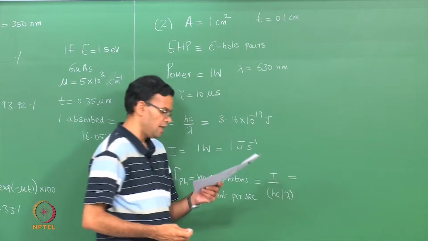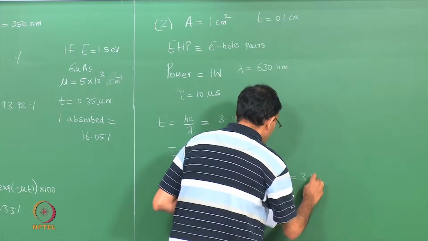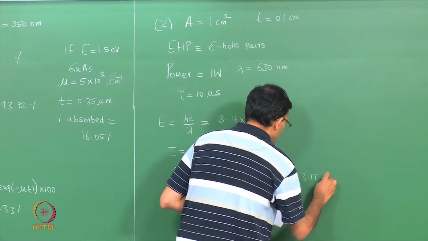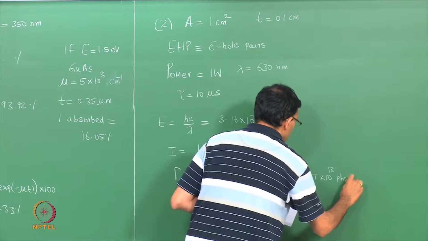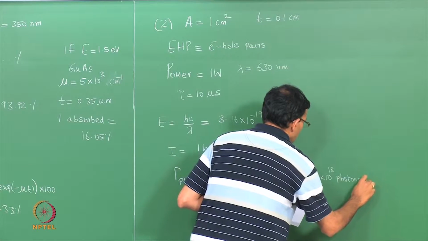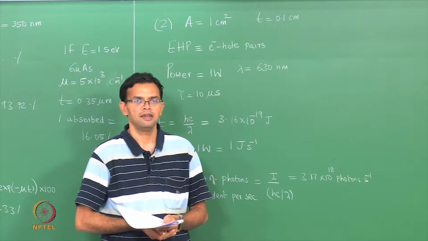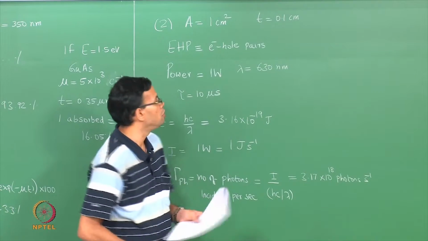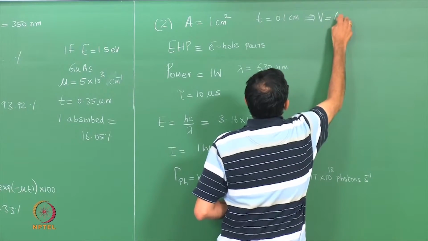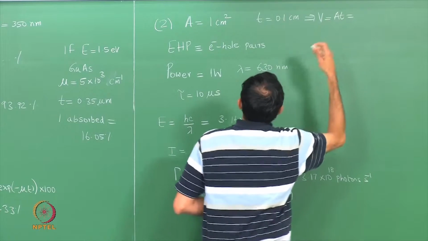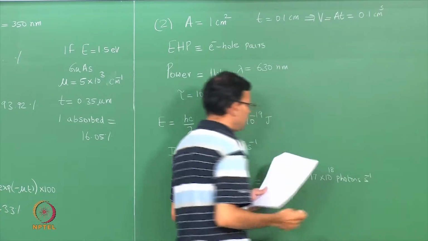So, we can plug in the numbers. This works out to be 3.17 times 10 to the 18 photons per second. So, we also want to calculate the electron hole pairs per unit volume. So, volume is nothing but A times T, so 0.1 centimeter cube.